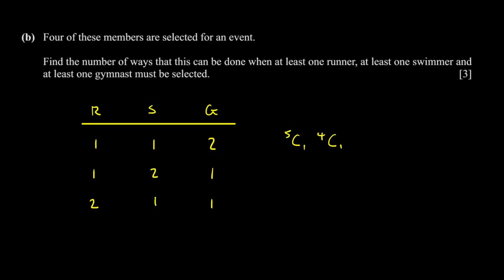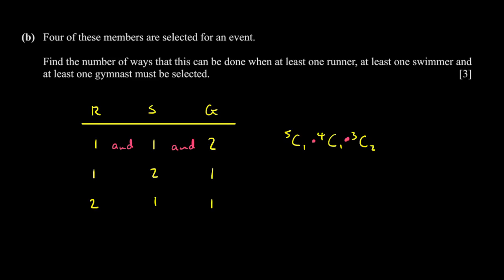There are 3 gymnasts to choose from, so that would be 3C2. I'm choosing 2 out of 3. And what have I got to do? I've got to multiply all these. Why am I multiplying them? Because I want 1 runner, and I want 1 swimmer, and I want 2 gymnasts. Every time I've got this and this, so 2 events together, I need to multiply.